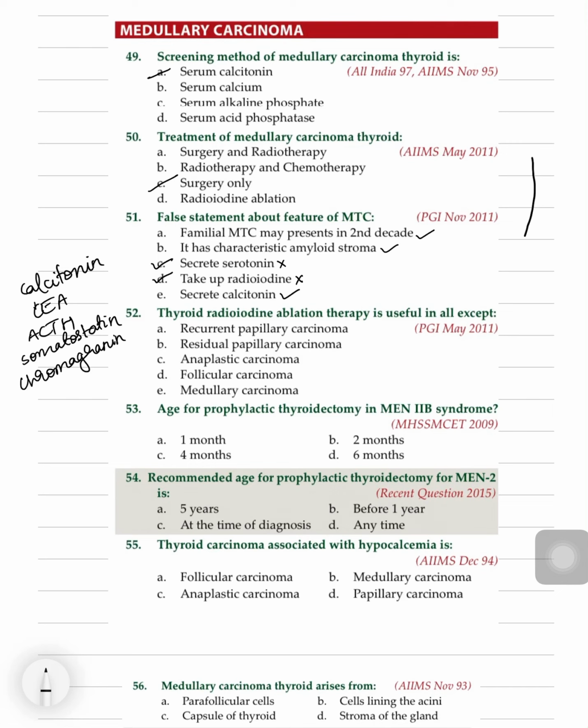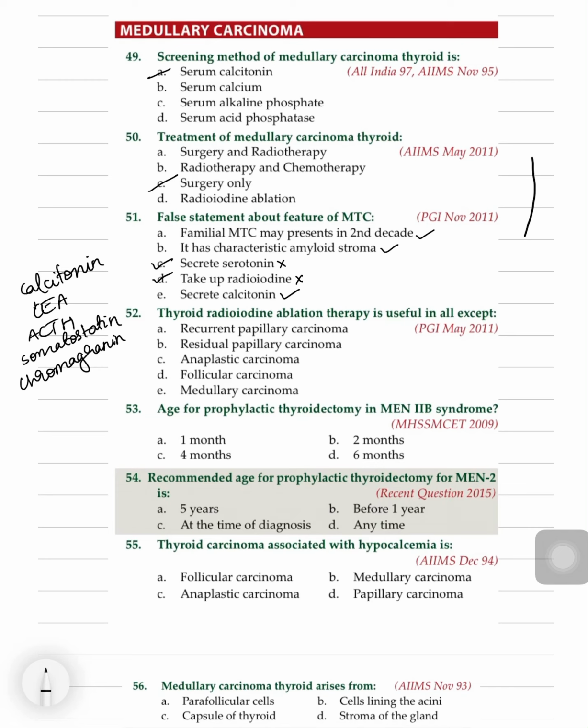Thyroid radioiodine ablation therapy is useful in all except. Radioiodine ablation therapy is useful if the cell is able to take up iodine, and that is only possible in differentiated thyroid cancers such as papillary, follicular and Hurthle cell carcinomas, not medullary and anaplastic.